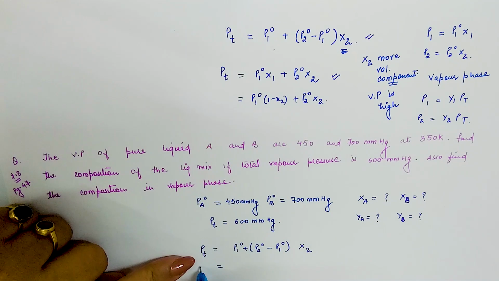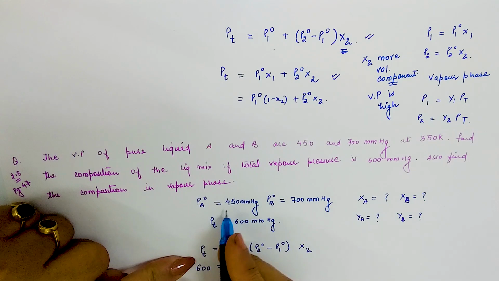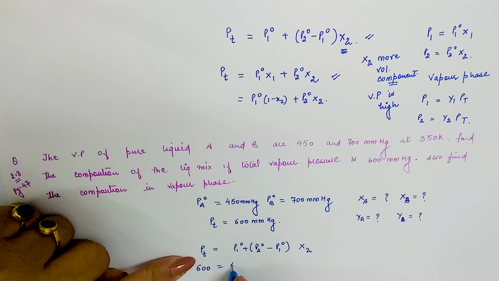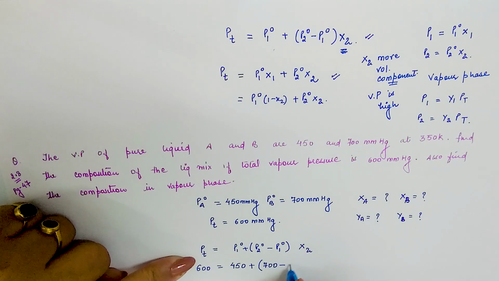Now I'll put the values. PT is given to me in the question as 600. P1 means PA here, which is given as 450, plus P2 or PB, which is 700, minus P1 naught again, that is PA naught, 450, and X2 you have to calculate.